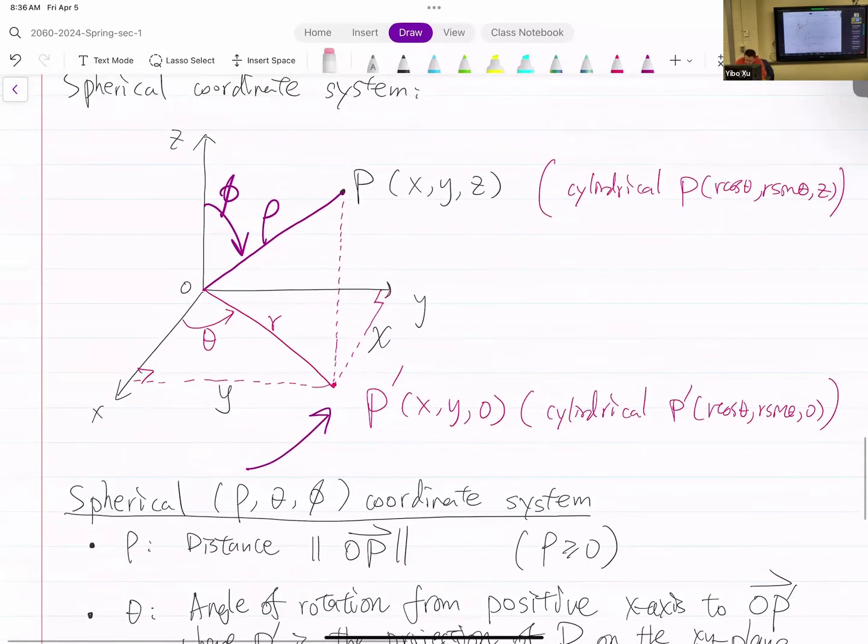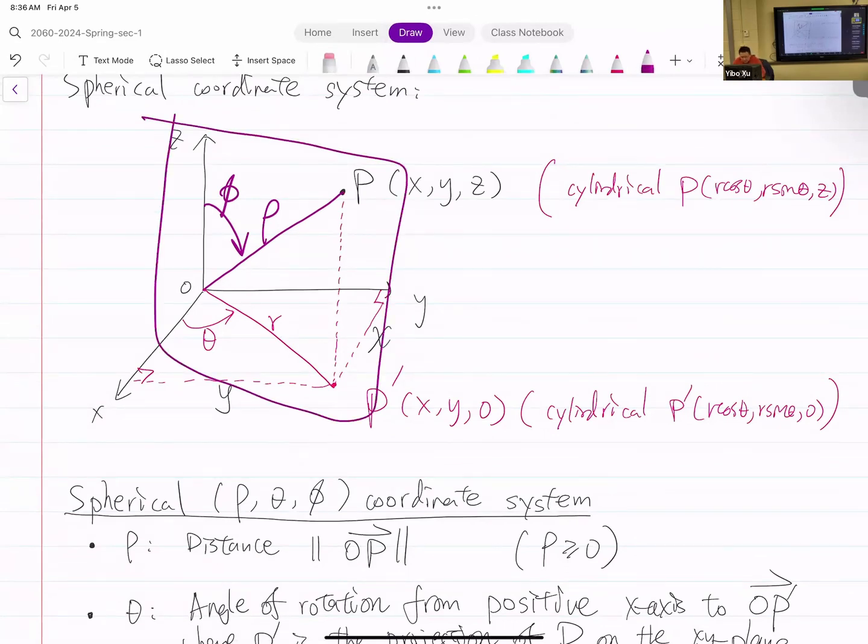So this is the plane that you directly decide if you have the angle theta, okay? And now we just need to notice that this point P will definitely be within the upper half plane. So we have this direction z right here, which is all the way up, and we have this direction that's decided from the angle theta. Okay, so these two axes will form a coordinate system.